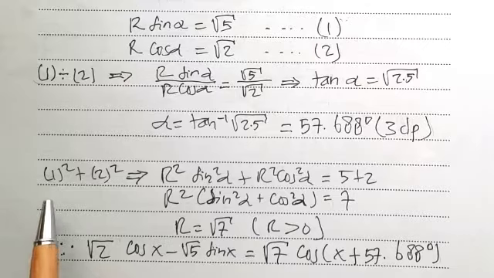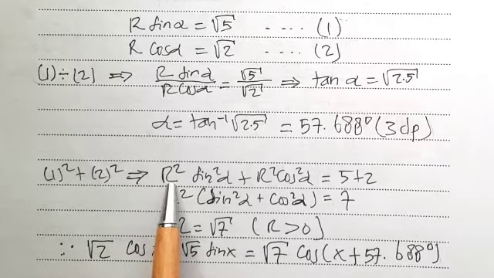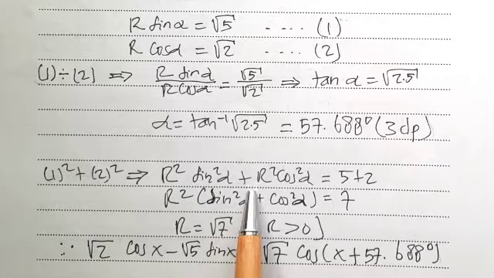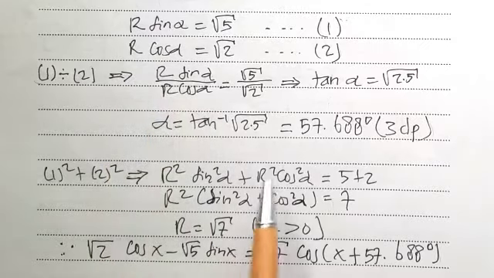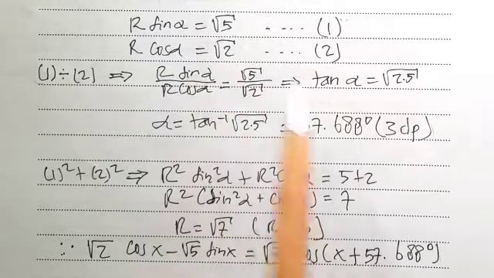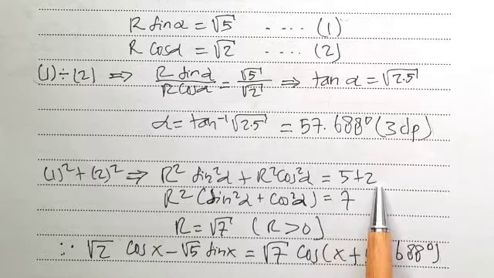Now further, equation number 1 squared plus equation number 2 squared. This gives r squared sin squared alpha plus r squared cos squared alpha, and on the right, 5 plus 2.